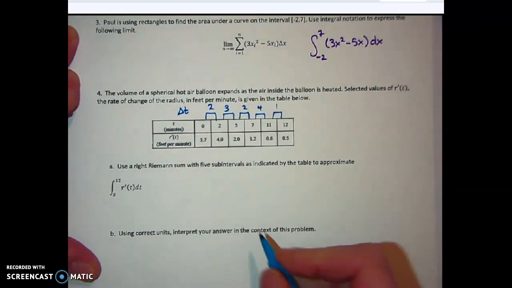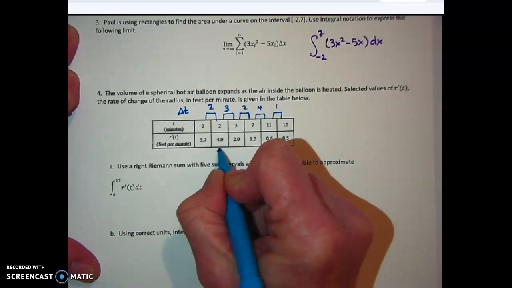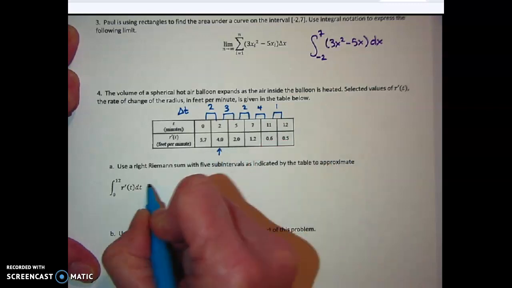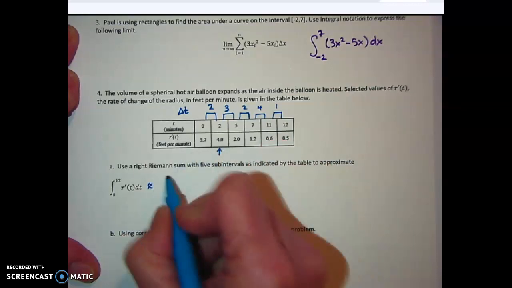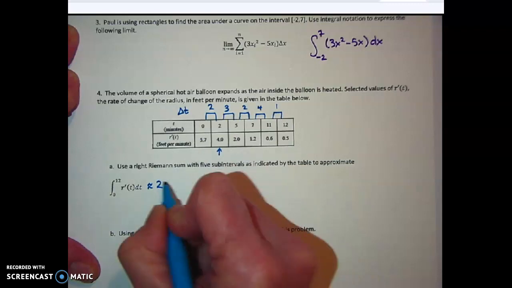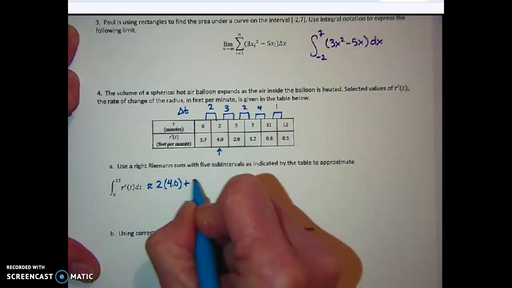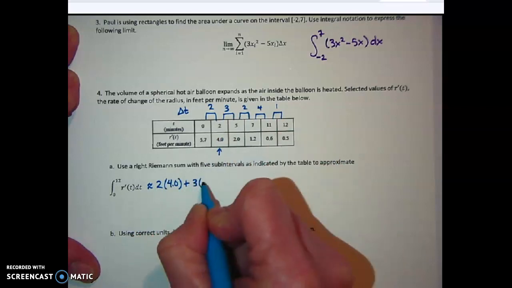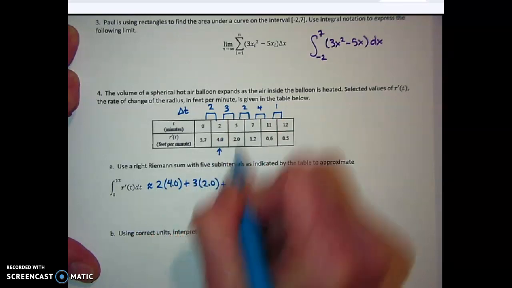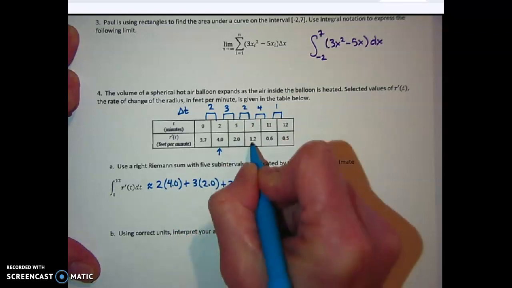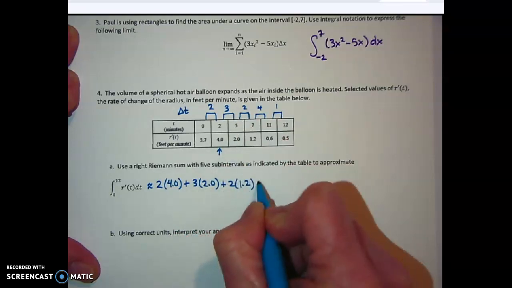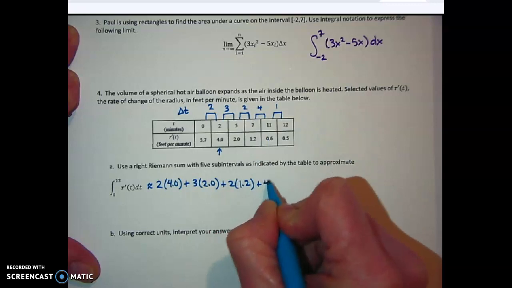If we want to use right endpoints, we're going to start there. So we're going to approximate this as the width times my r prime at the right endpoint, plus my next width times my right endpoint, plus my width times my right endpoint, and we continue on.